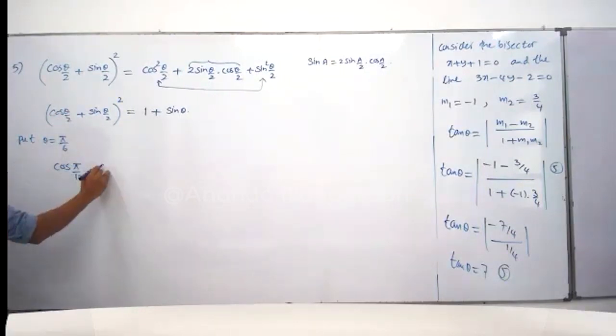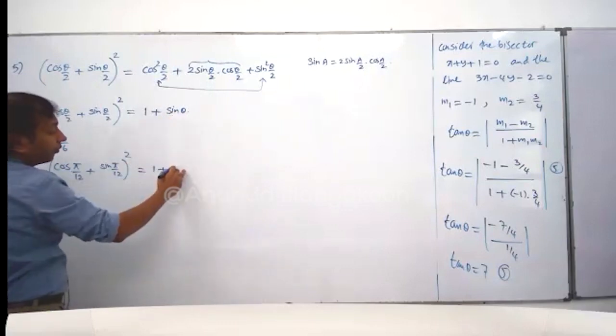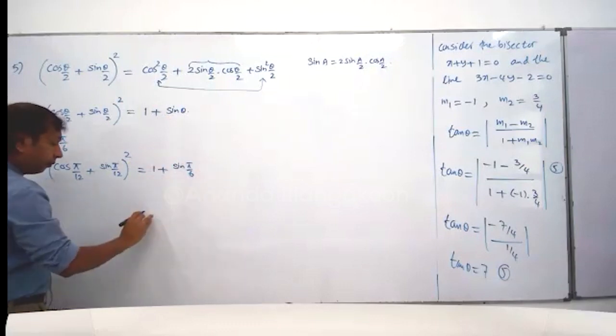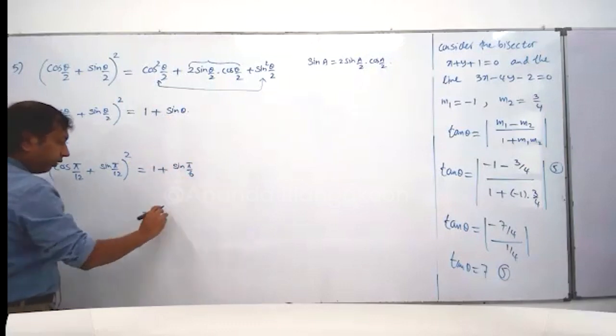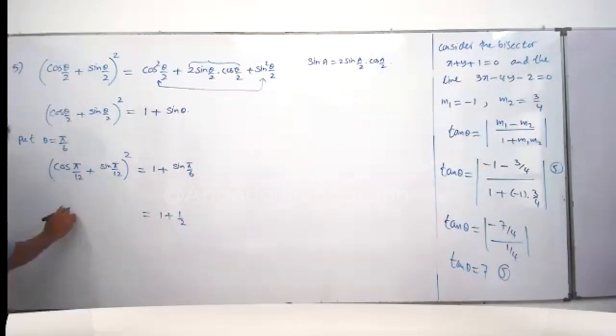Here, sin pi by 12, that will be squared, right? 1 plus sin pi by 6. Pi by 6 is 30, no? Sin 30 is half. We get like this: cos pi by 12 plus sin pi by 12.